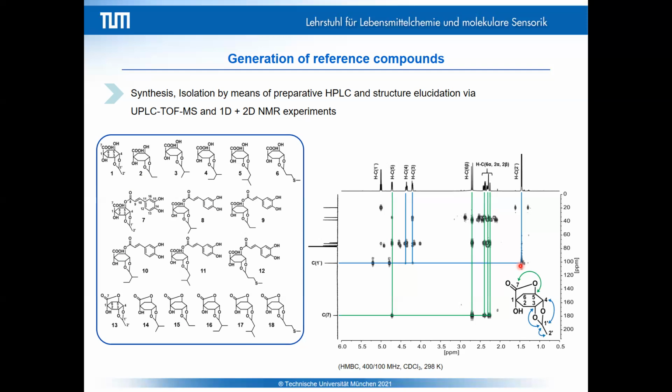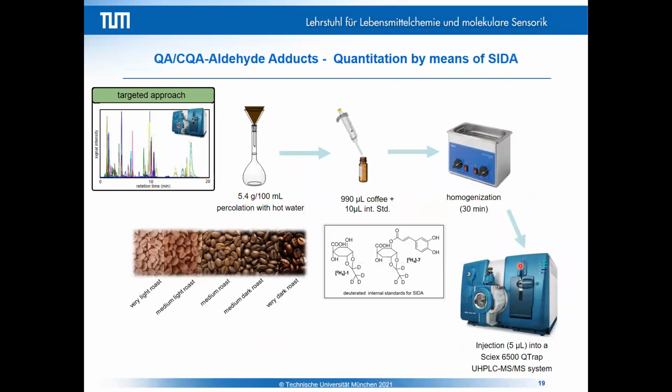As I mentioned earlier, a targeted approach was now followed in order to verify and quantify the reaction products in an actual coffee beverage. Therefore, we prepared several standard coffee beverages of different roast degrees, and then we added stable isotopically labeled standards.